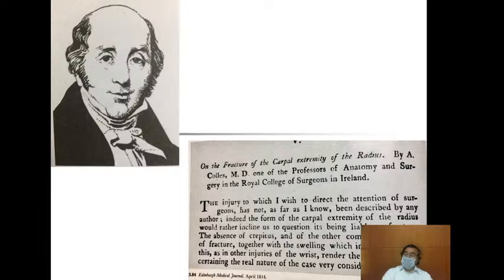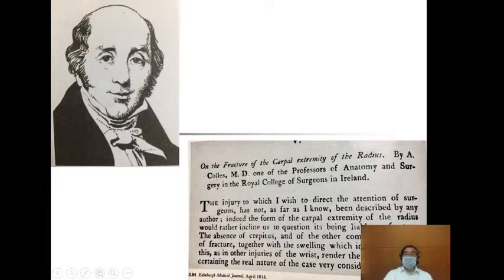And till today, even with our latest technology, all the radiology, all the CT with the 3D reconstruction and so many soft toys to play with, nobody could add or take out a single word from what he described in April 1814.